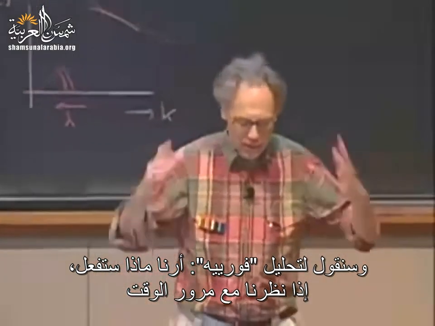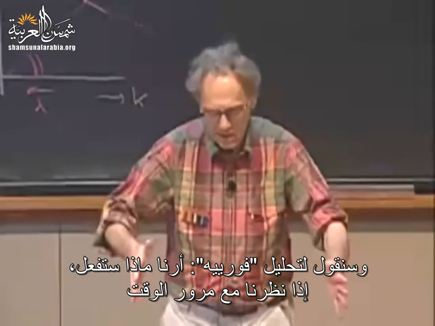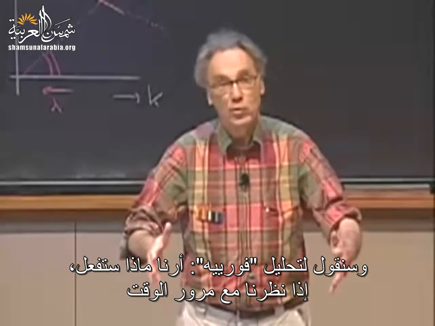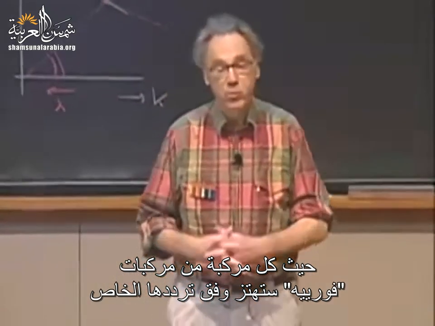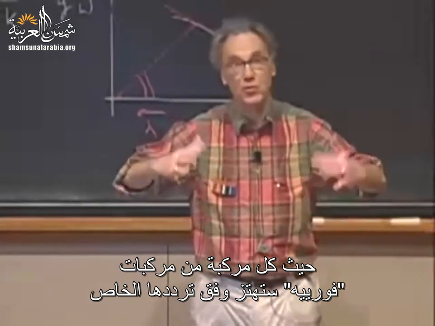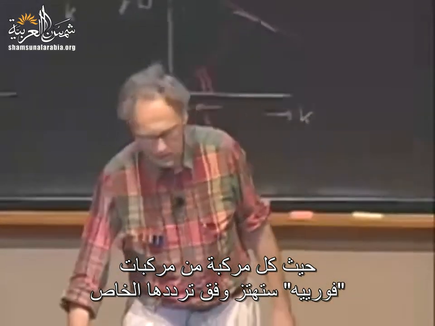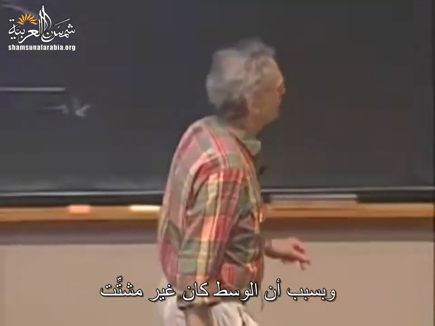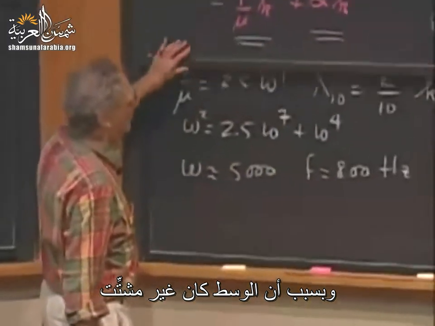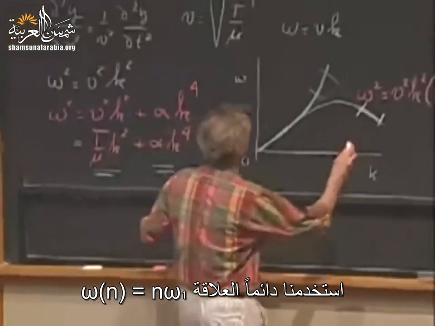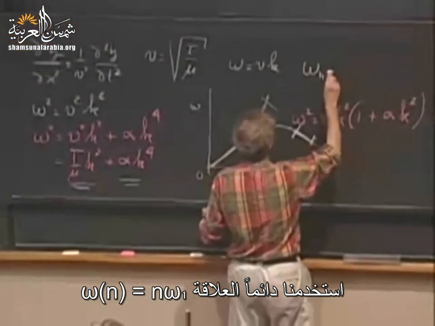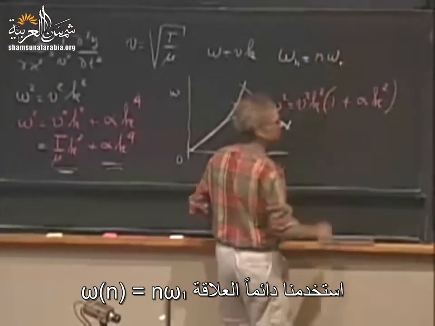Then each one of those Fourier components is going to oscillate with its own frequency. And because that was non-dispersive, we always used that omega n was n times omega 1.